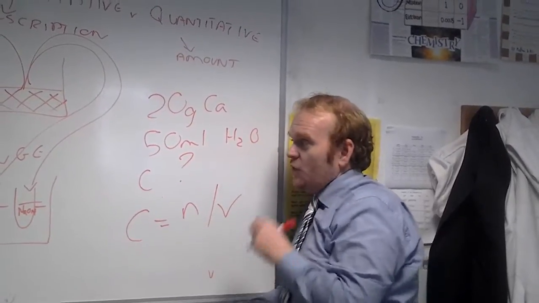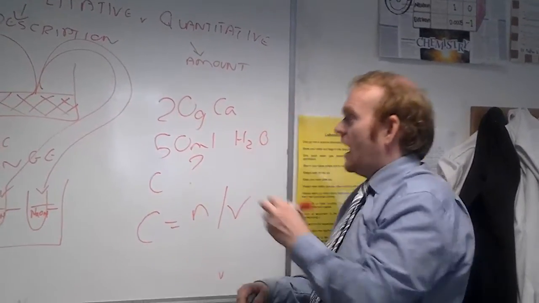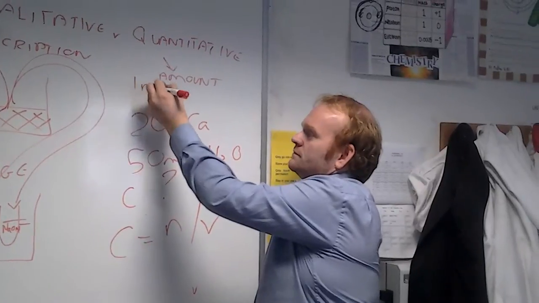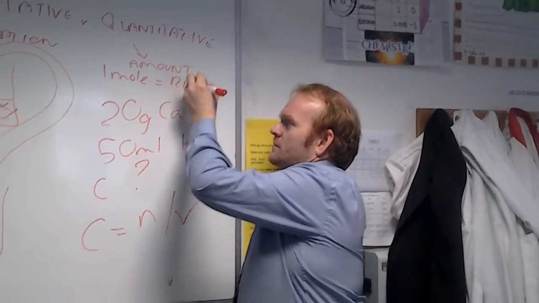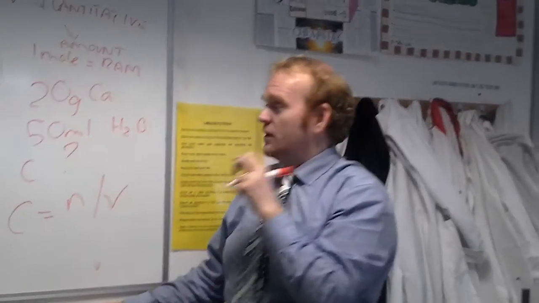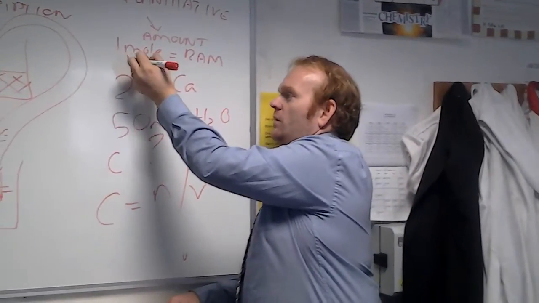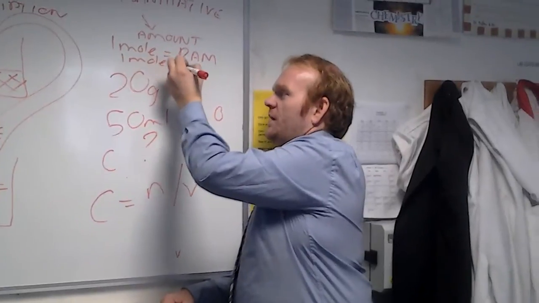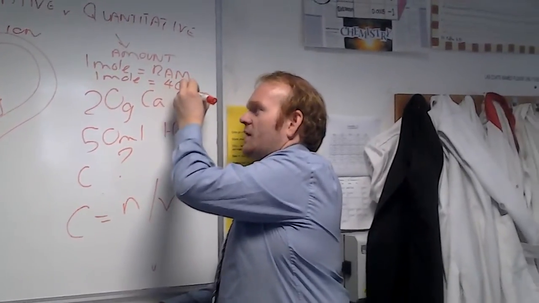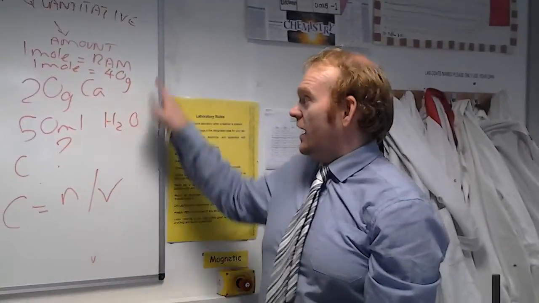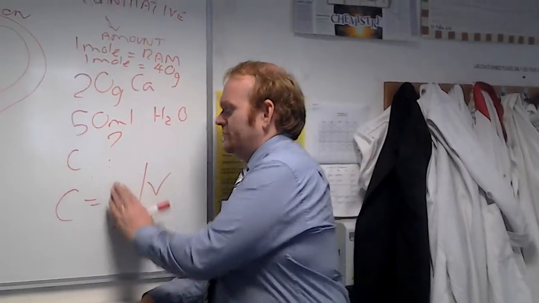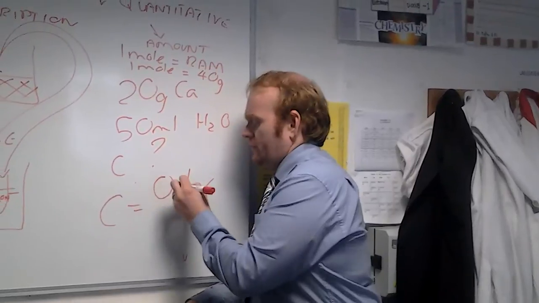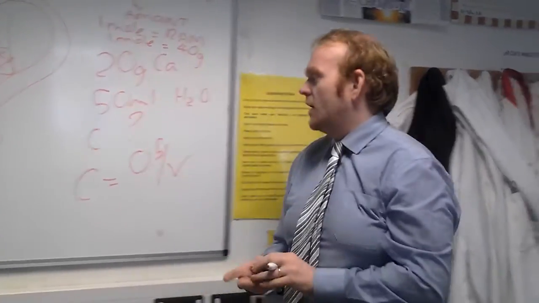I know that 1 mole is equal to the RAM, the relative atomic mass. So in calcium, 1 mole would be equal to 40 grams, because the atomic mass of calcium is 40. I have 20 grams, so I must have half a mole. I can input that.